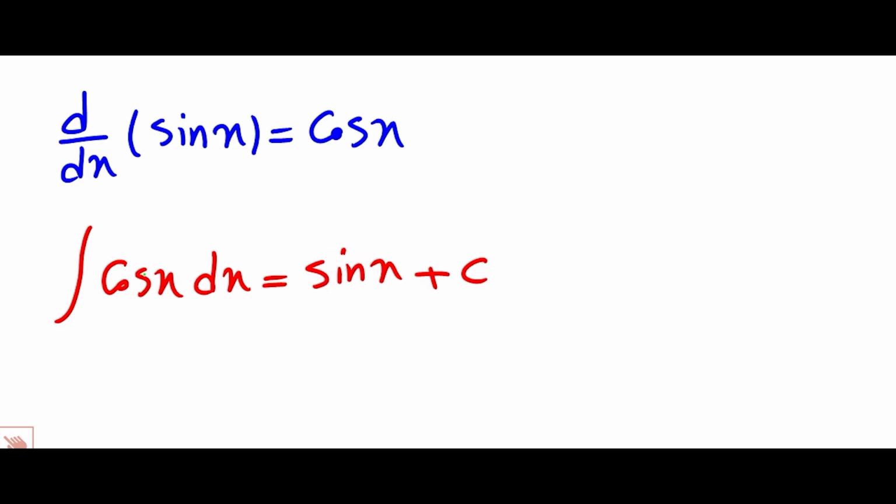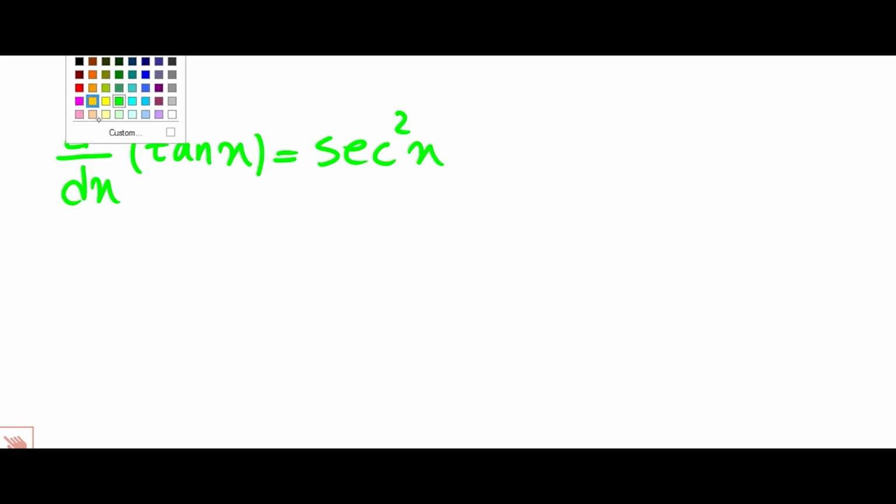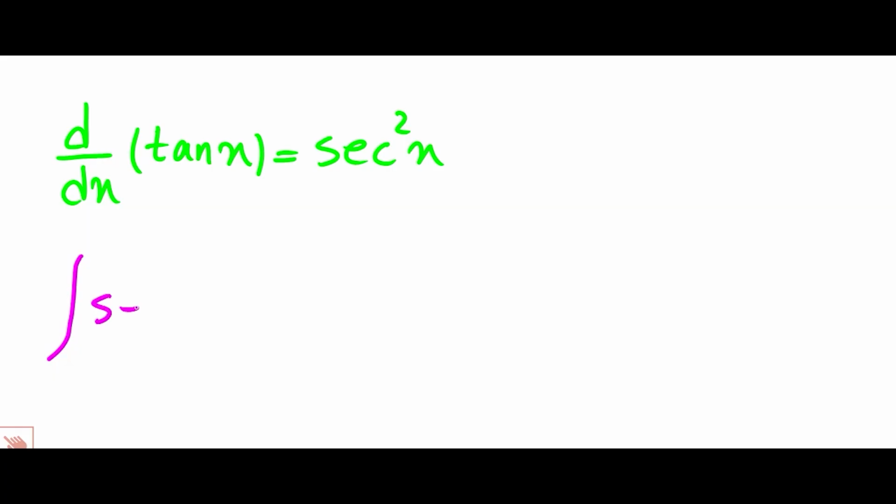Number 3, integrals of secant squared x. As you know, the derivative of tangent of x equals secant squared x, right? So the integral of secant squared x equals tangent of x plus c.